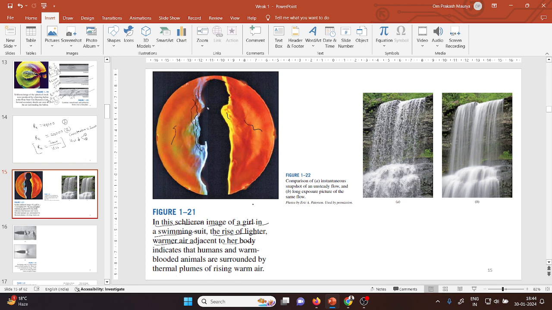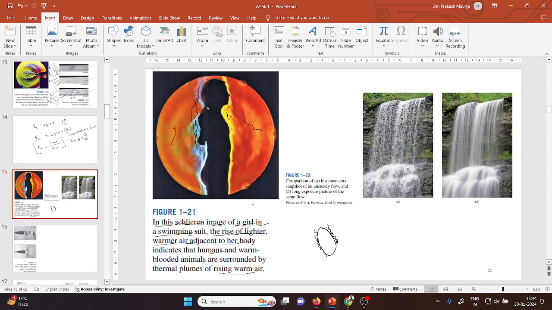What is written again? It indicates that humans and warm-blooded animals are surrounded by thermal plumes of rising warm air. If anybody has warm blood, like any animal or any man or woman, then as per fluid mechanics visualization or experiment, warm air will always be rising near the surroundings of the body.